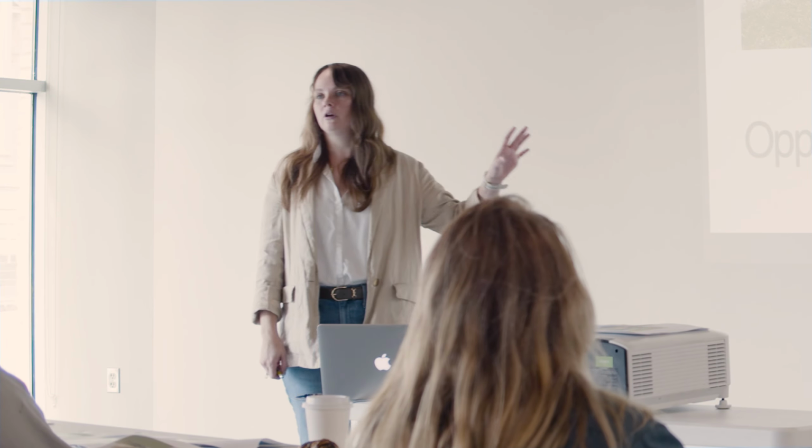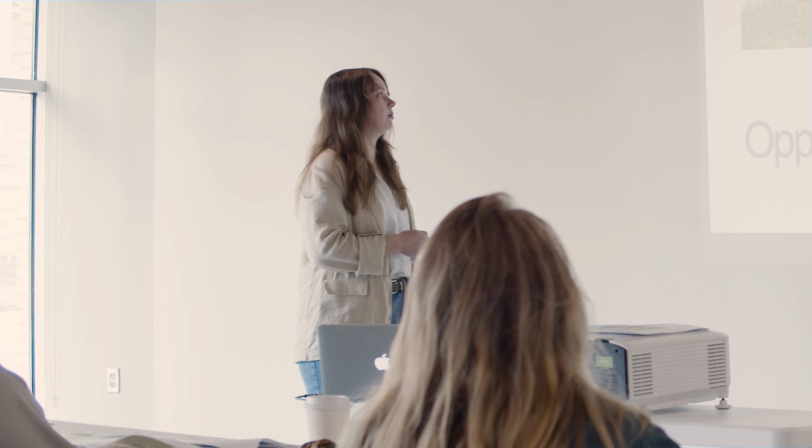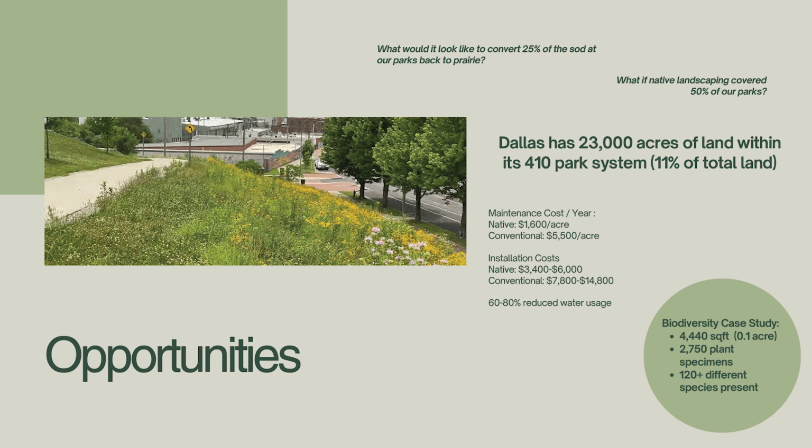So being able to recognize which parts of our parks would be beneficial to convert over to native landscaping because maybe they're not being used as lawn space. Keep the lawns where the lawns are being used, and then the surrounding areas, rethinking those as potential areas where we can convert that back to these native landscapes. So just think about what that would look like. 25% of the sod is converted, 50% of that sod is converted.